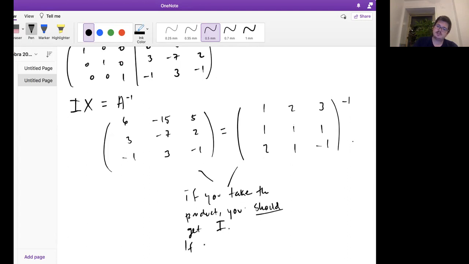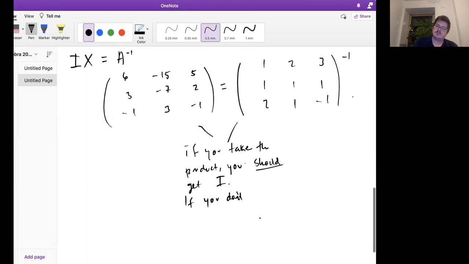If you don't, you made a mistake. So either in your multiplication or in finding the inverse.